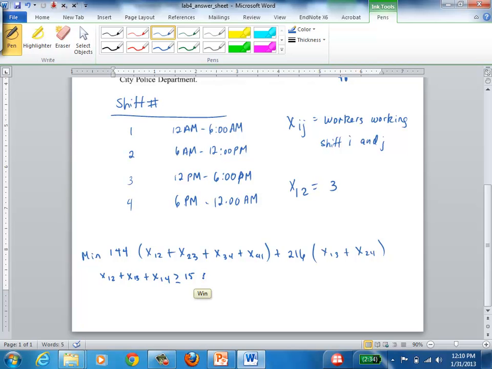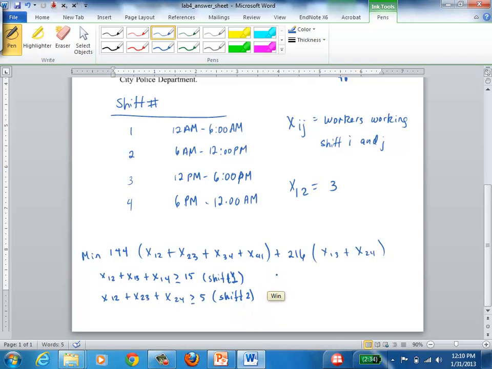So this is shift 1. Then for the second shift, we have x12 plus x23 plus x24, and that has to be greater than or equal to 5, and this is shift 2.